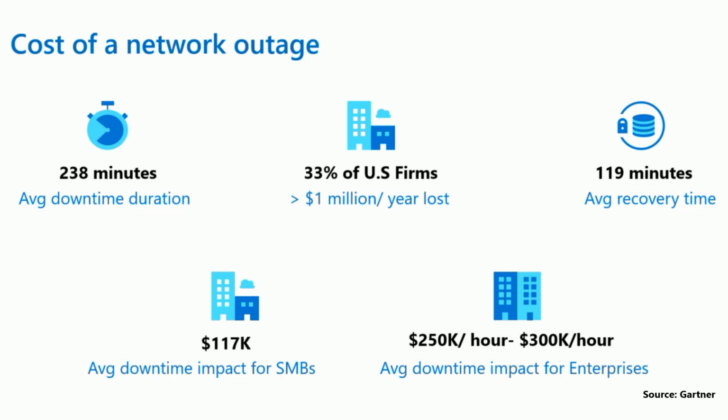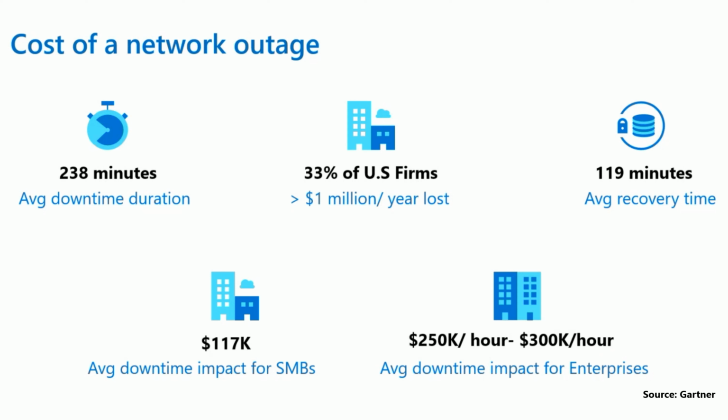Recovery time for network-based incidents is on average 119 minutes, but the downtime duration is 238 minutes. Although it may take 119 minutes to recover, the actual downtime, based on alerting, finding out, going through the process, and the impact to users, averages 238 minutes.